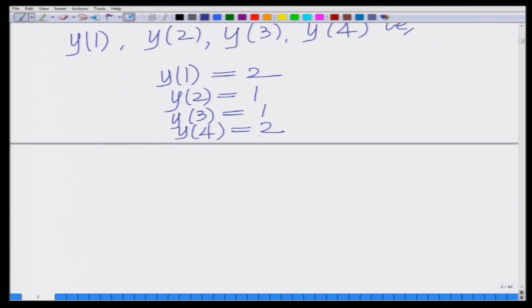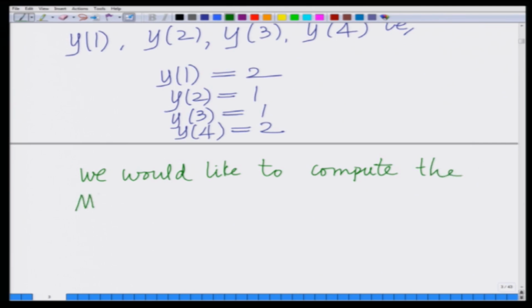Okay. And now, to compute the maximum likelihood estimate of the channel vector h, what we would like to do is compute the maximum likelihood or basically the least squares estimate, the ML estimate of the channel vector.